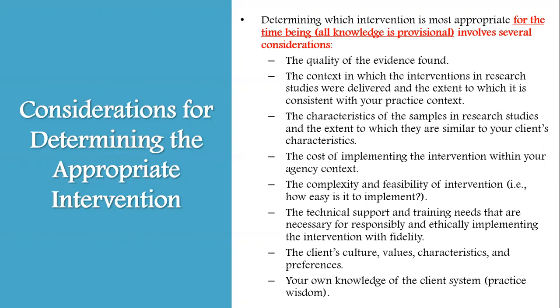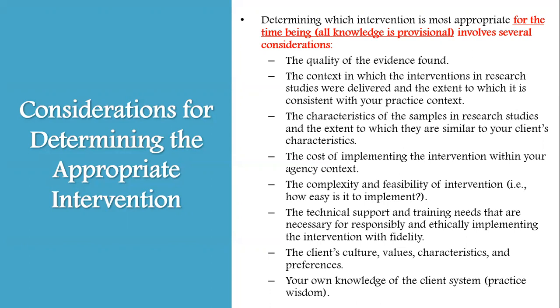Perhaps the individuals that are going to be involved in implementation don't necessarily have the skill that is required to effectively implement the intervention. We also want to think about, and this is what I just alluded to, the technical support and training needs that are necessary for responsibly and ethically implementing the intervention with fidelity.